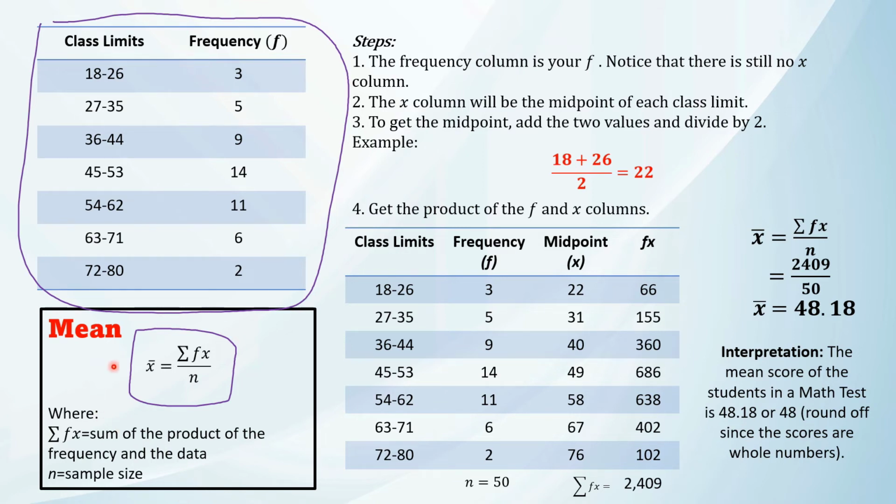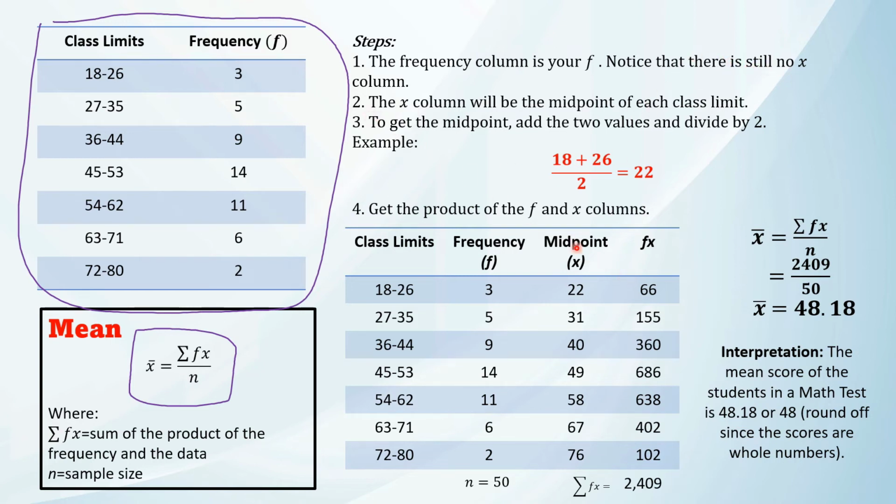So to find the mean in grouped data, we have the following steps. Step 1, the frequency column is your F. This is your frequency column, and it is already given in our table. Notice that there is still no X column.